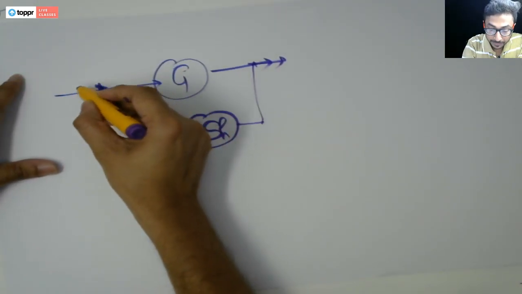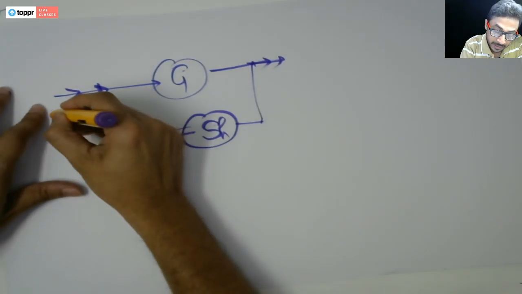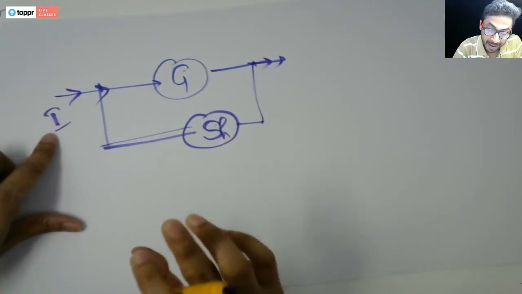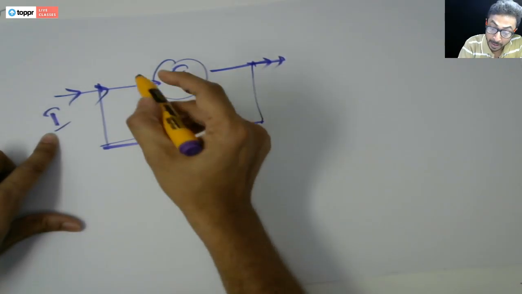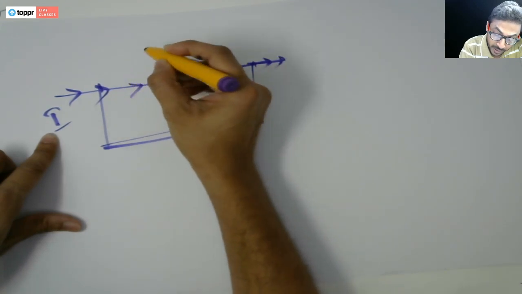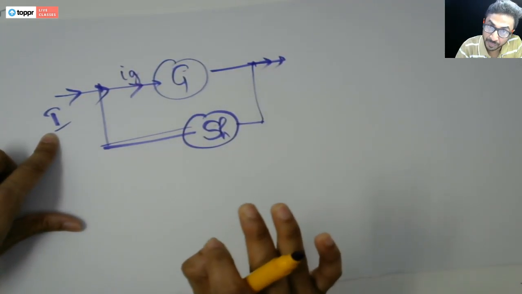Now what happens? Say for an ammeter, the maximum value of current to be measured is I. But the current that will go through the galvanometer is Ig, and Ig is very, very small.